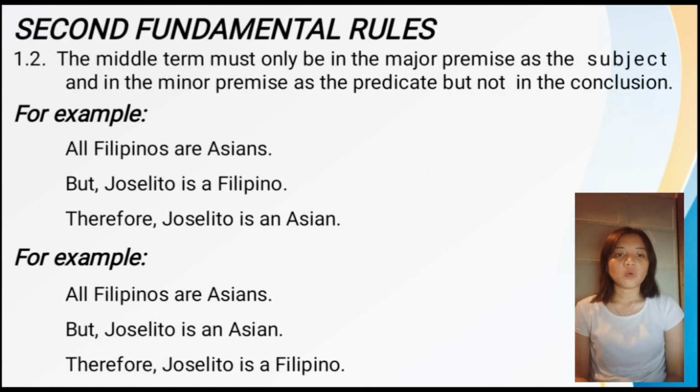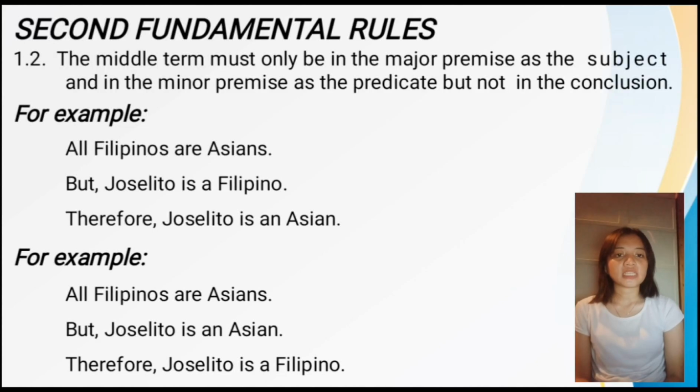So, proceed tayo dito sa second example. All Filipinos are Asians, but Joselito is an Asian. Therefore, Joselito is a Filipino. So, dito sa second example, mali ito siya kasi, di ba yung middle term is Filipinos. So, dun sa conclusion, which is the therefore, nakita yung middle term which is the Filipino.